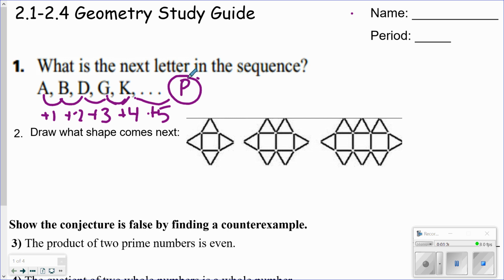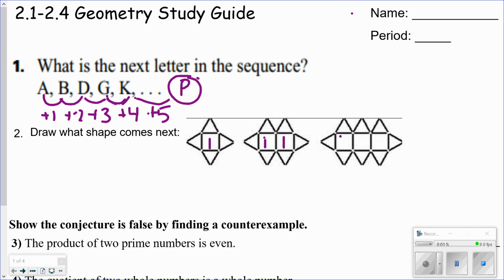Draw the next shape that comes next. All right, so if we look at our figure, the first figure we notice that we have 1 box and triangles around it. The next figure we have 2 boxes and then triangles around it.